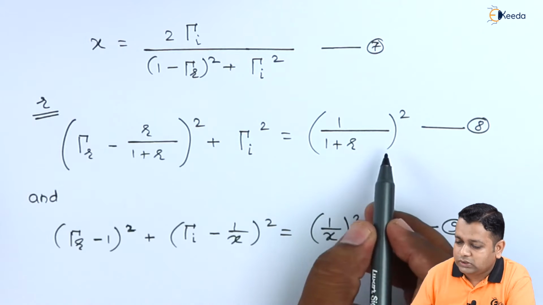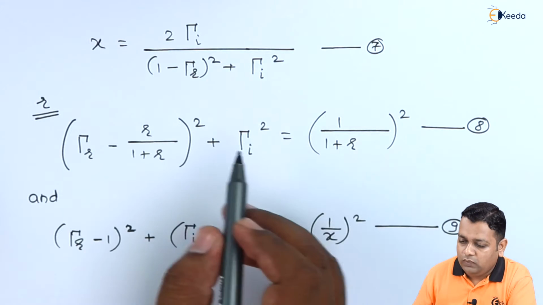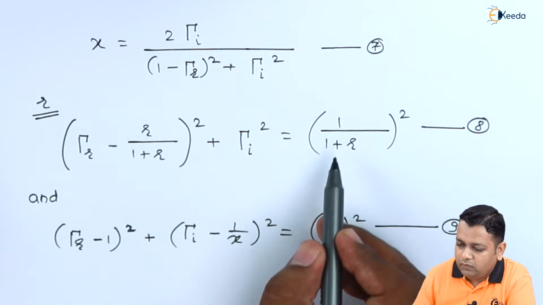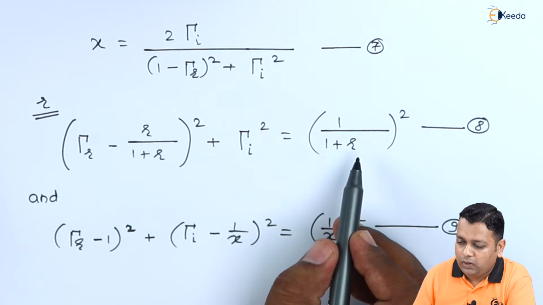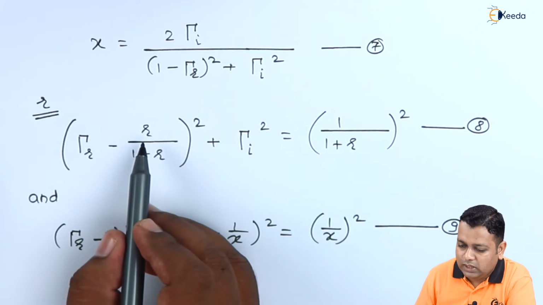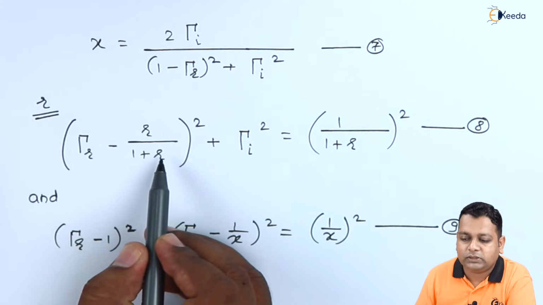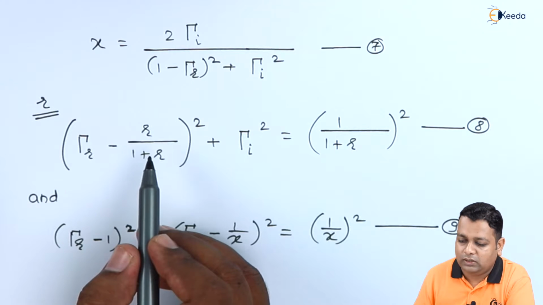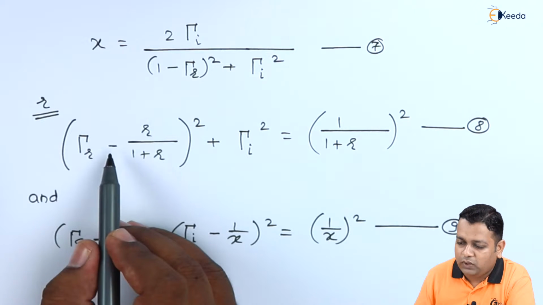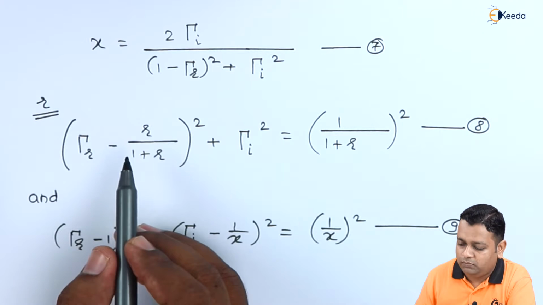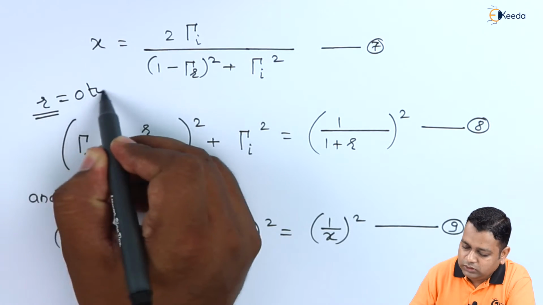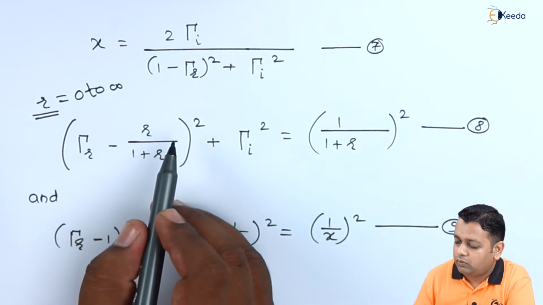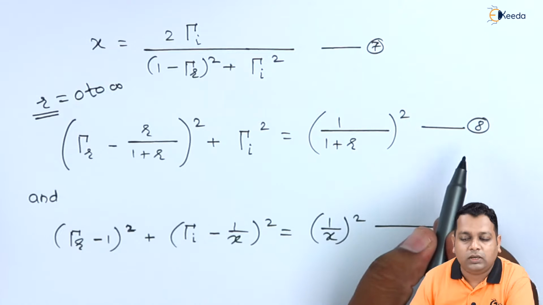For the circular shape, the radius of the circle is 1 divided by 1 plus r, whereas the center of the circle is at r divided by 1 plus r. Along the real axis of the unity circle, we have this particular center where r varies from 0 to infinity, corresponding to the information expressed in graphical form from equation number 8.